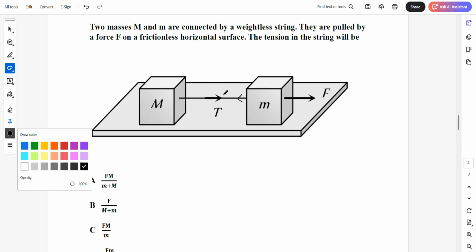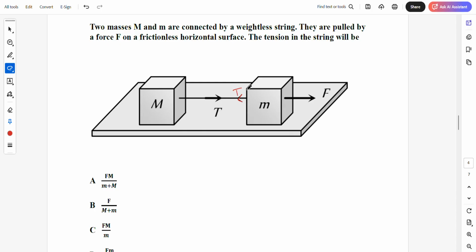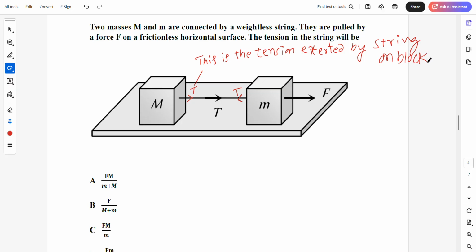There will be a tension here, and again there will be a tension here. Always remember, this is the tension exerted by the string on the block.